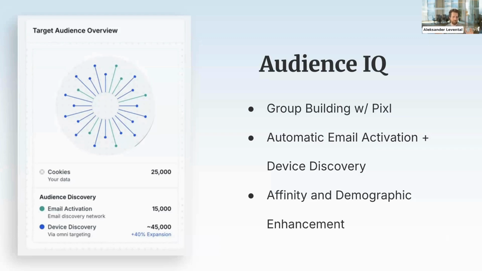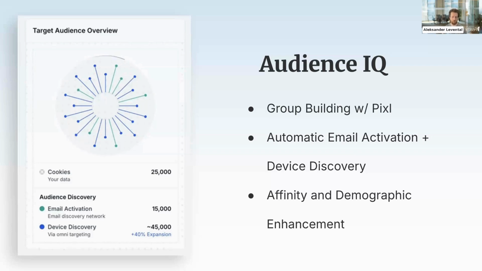Audience IQ is a set of features that makes your audience in Feathr more intelligent. There's a bunch of features here, and I'm not going to belabor every single one of these points, but the whole point of Audience IQ is to take the data that you're bringing over to Feathr from your CRM, your fundraising platform, your member management platform, whatever you use as your system of record, and make that data richer, more useful, easier to deal with, and more valuable, so it contributes better to your growth.